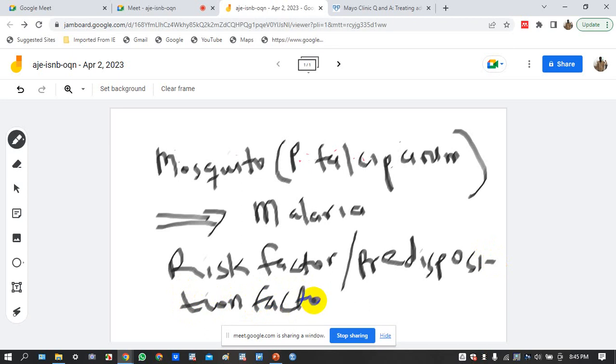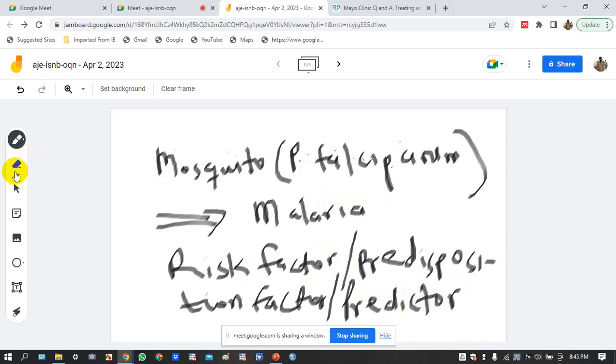It is also called a predictor, so it predicts something. So they are synonymous, and it's the same word. Risk factor is the same as predisposition factor, and it's the same as a predictor.